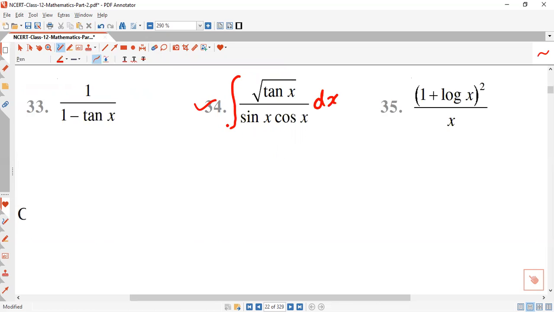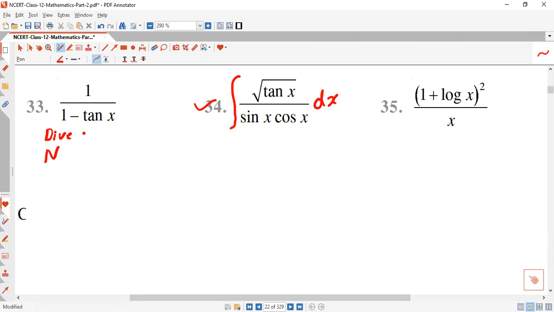If I divide, the numerator becomes tan x, and the denominator has cos x. Can that help anything? No. Root tan x is in the numerator.